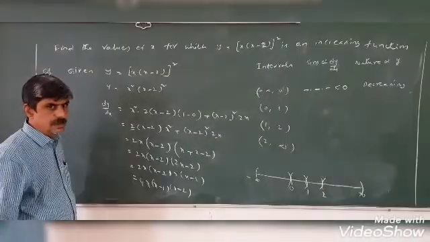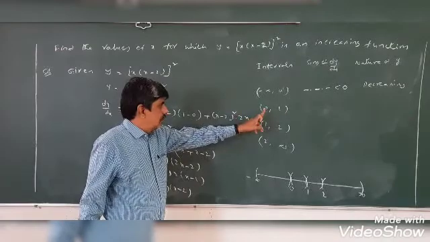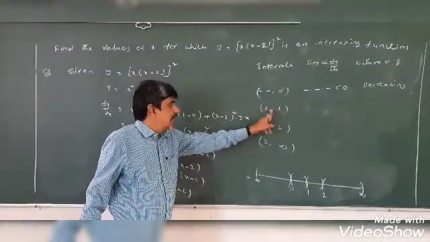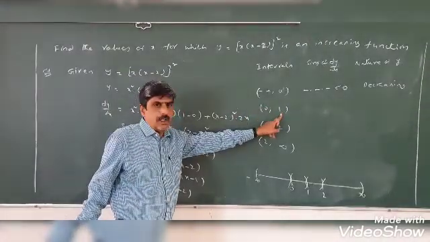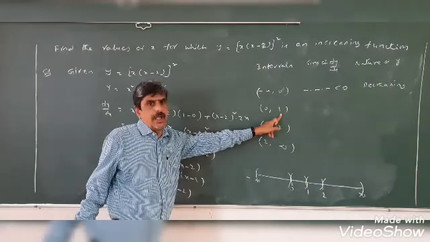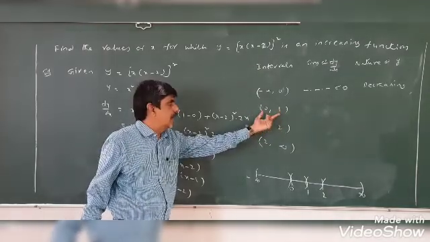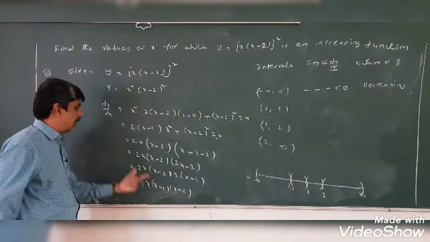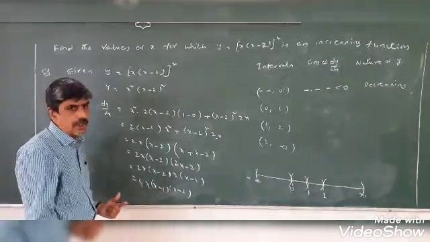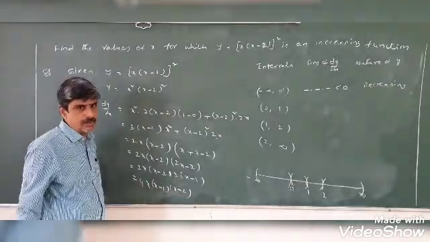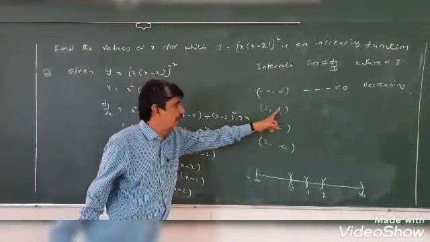Now take this interval. In the interval 0 to 1, there are infinitely many real values. Whatever value you take, is dy by dx greater than 0 or less than 0? You want to observe. Example, take 0.5.